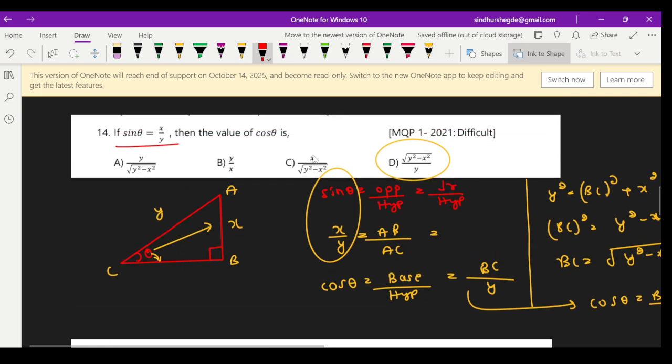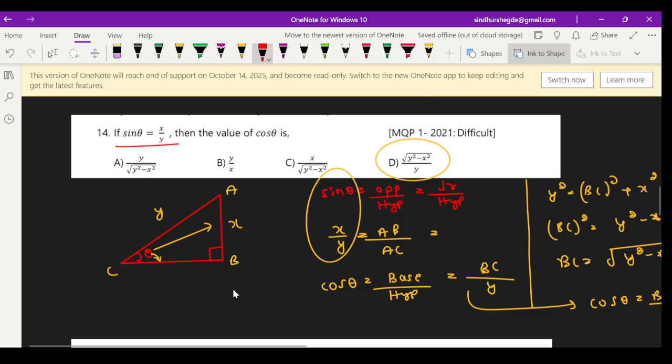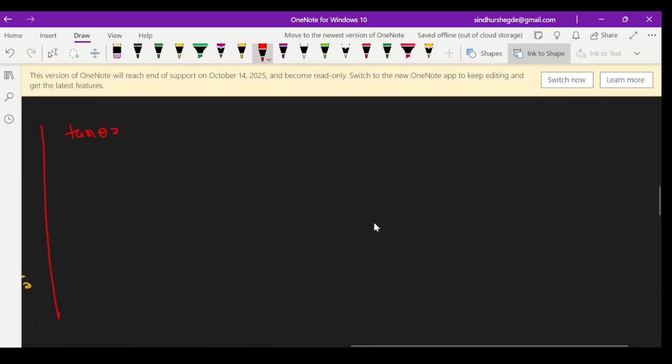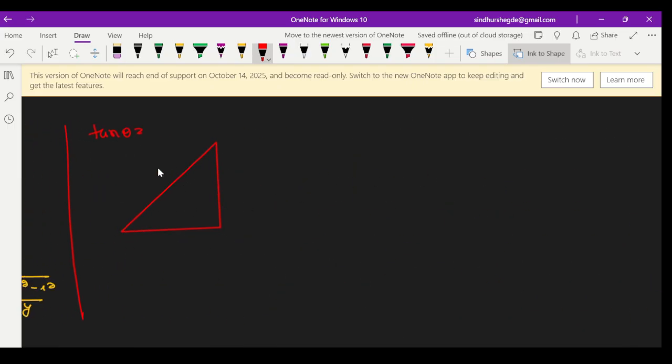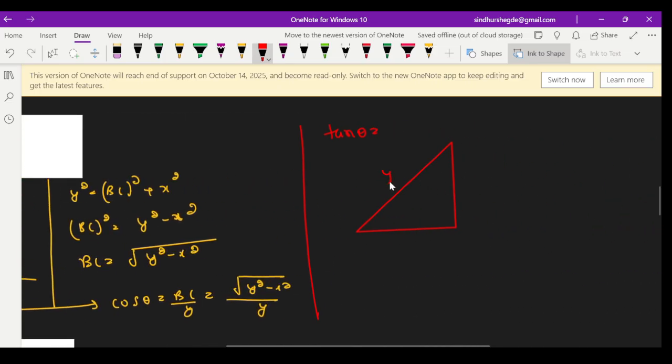Okay. In the same question, if I ask what is tan theta? Let me redraw this figure so that you can easily see. This is the given figure, y, x, y, x, and we got this side as root of y square minus x square, using Pythagoras theorem.